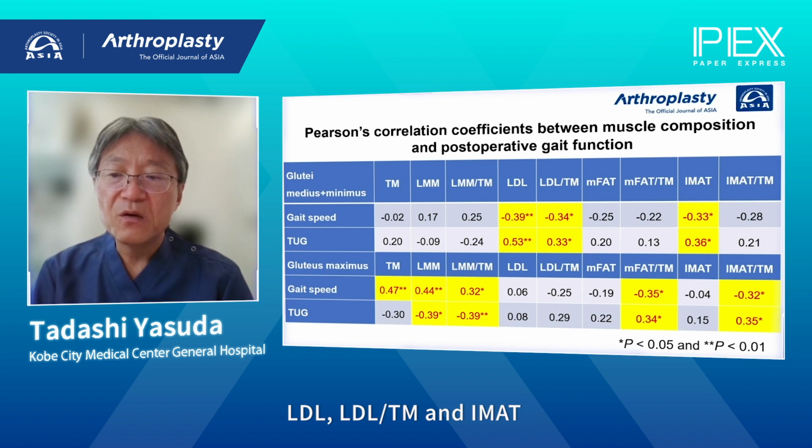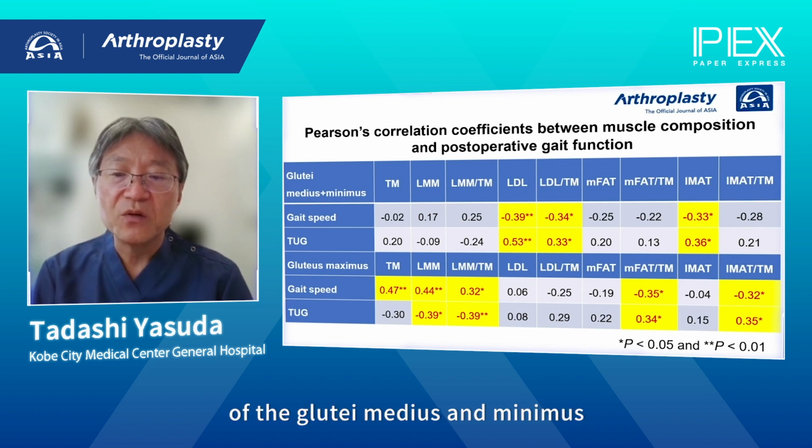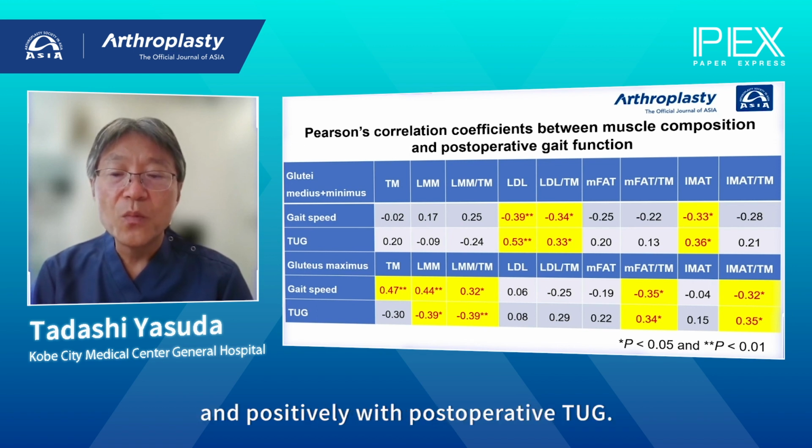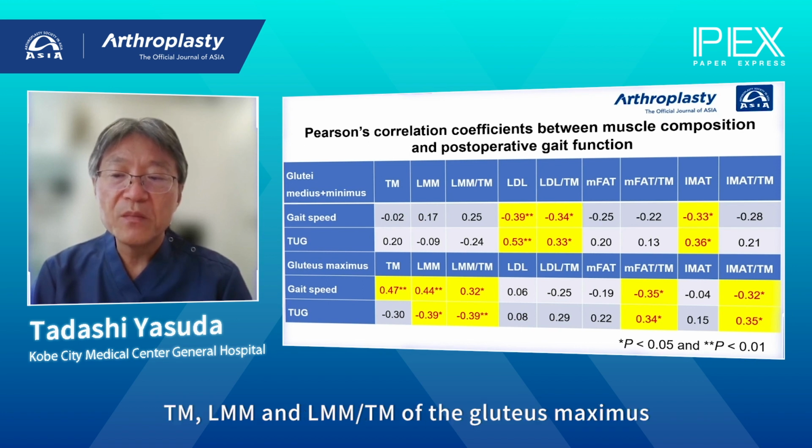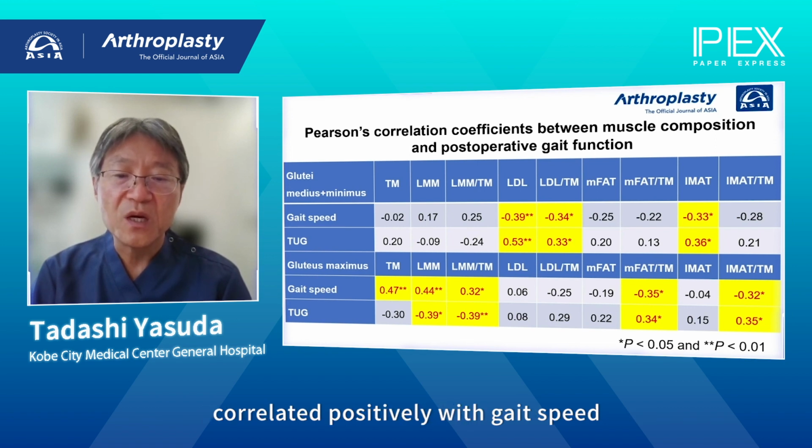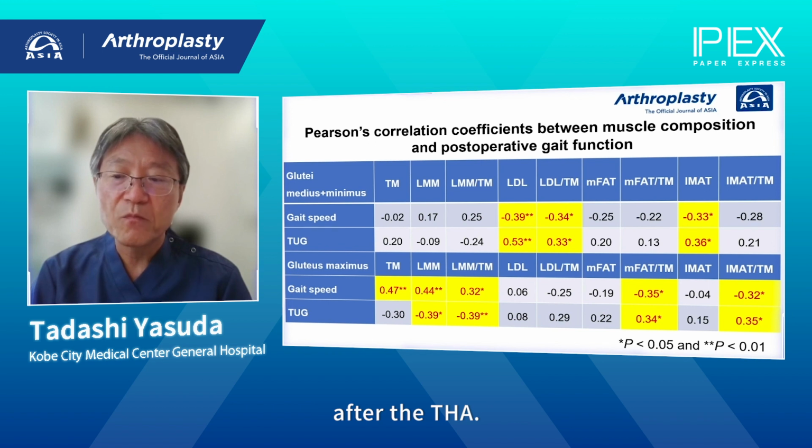LDL, LDL per TM, and IMAT of the glutei medius and minimus correlated negatively with postoperative gait speed and positively with postoperative TUG. TM, LMM, and LMM per TM of the gluteus maximus correlated positively with gait speed after THA.